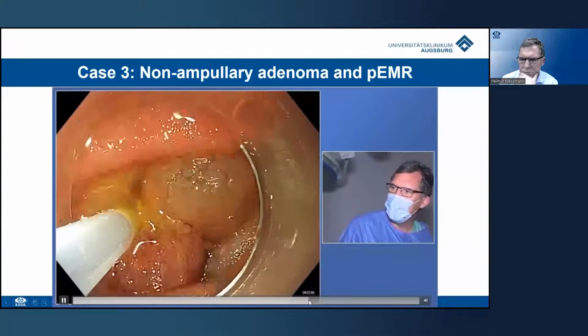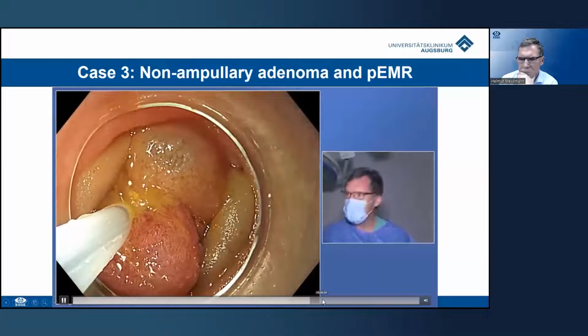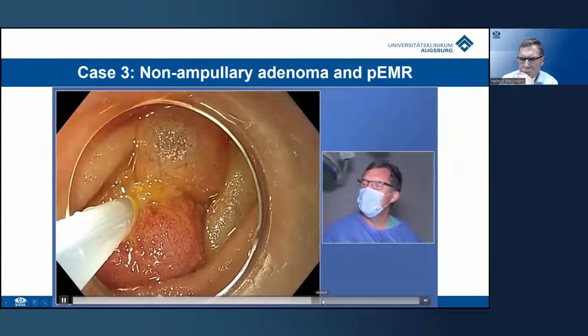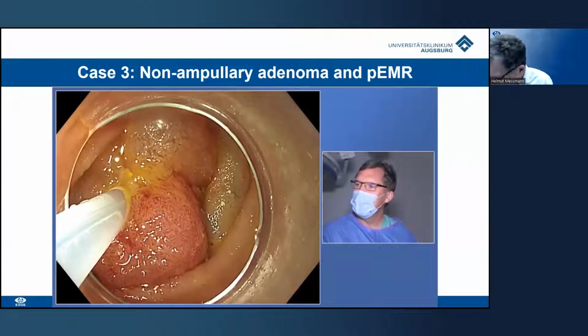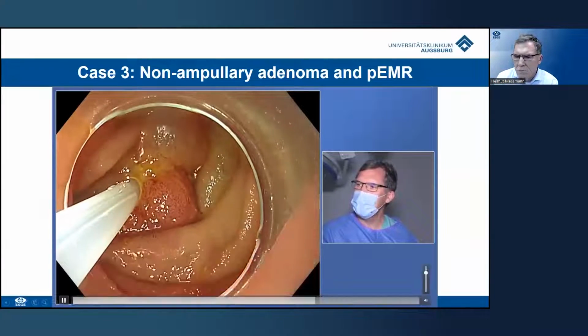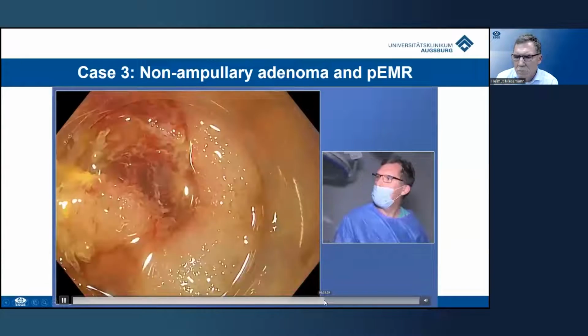In this situation sometimes the muscularis propria slips out of the snare.